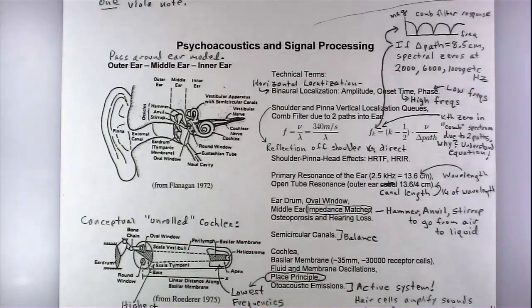So, technical terms here. Horizontal localization. We have binaural localization. What does that mean? Horizontal localization means in the plane of your eyes and your ears. It turns out your horizontal localization, meaning telling where the sound came from, is quite accurate, at least compared to any other localization.